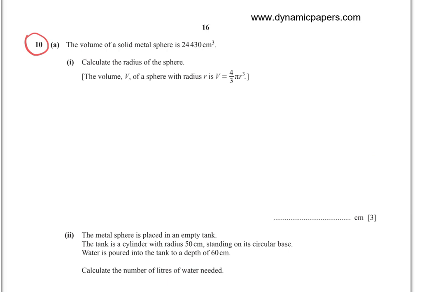Next question, number 10, 10a. The volume of a solid metal sphere is 24,430 cubic centimeters. Calculate the radius of the sphere. Volume of the sphere, 4 over 3 pi r cubed, equals 24,430. To make r cubed the subject, transpose 3 to the other side, multiply, and 4 pi by division.